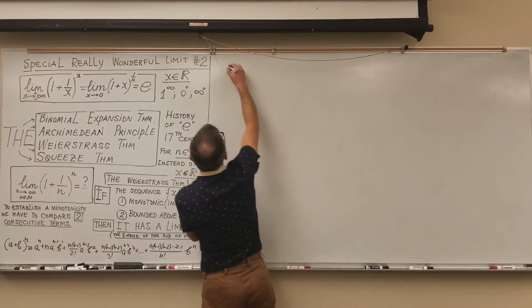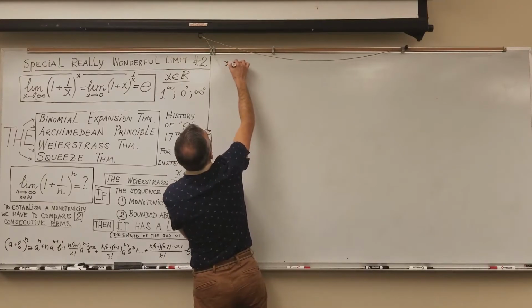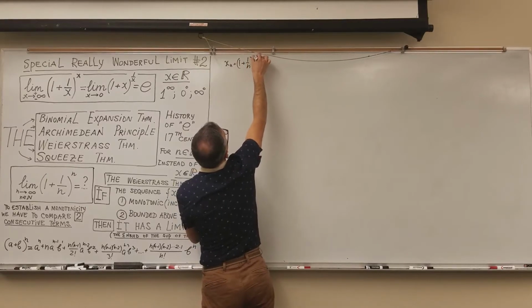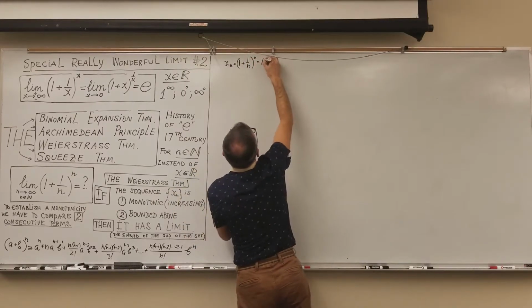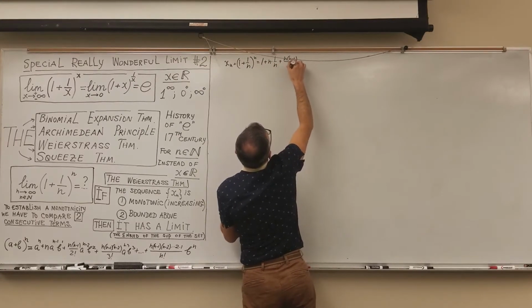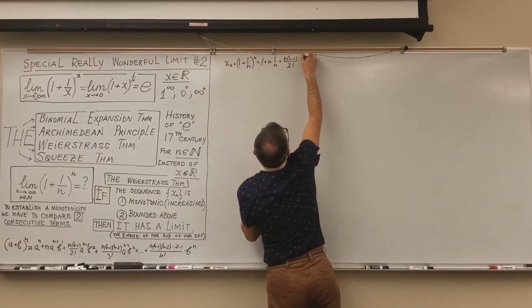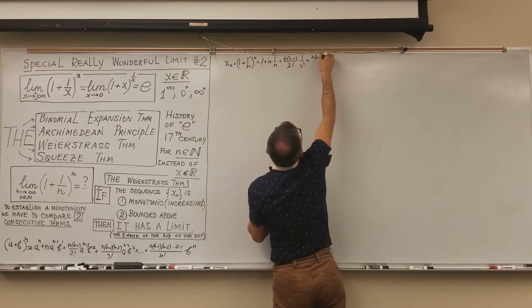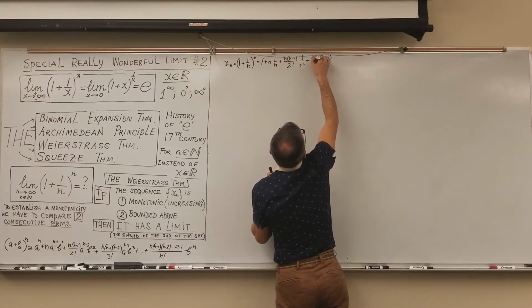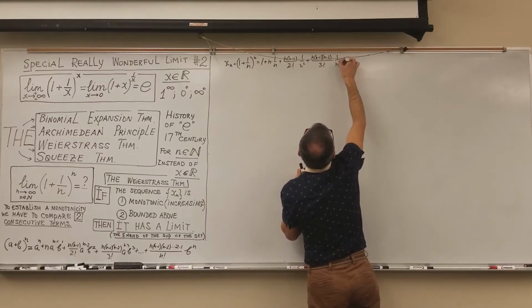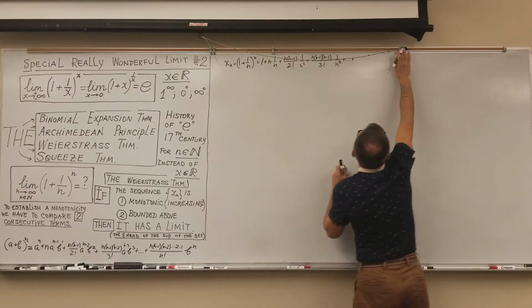And I will apply it to my sequence, which is x_n = (1 + 1/n)^n = 1 + n(1/n) + n(n-1)/2! (1/n^2) + n(n-1)(n-2)/3! (1/n^3) + and so on, plus so on.